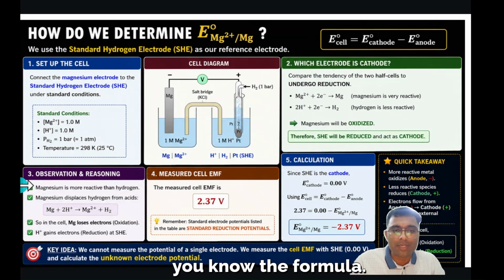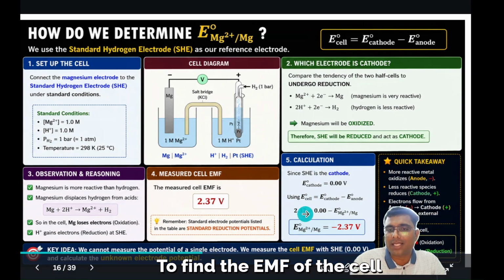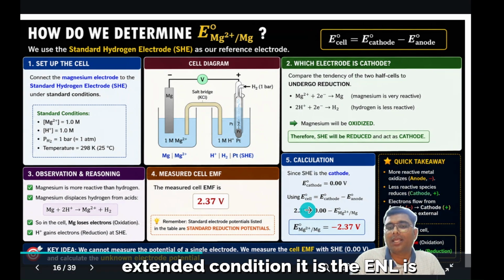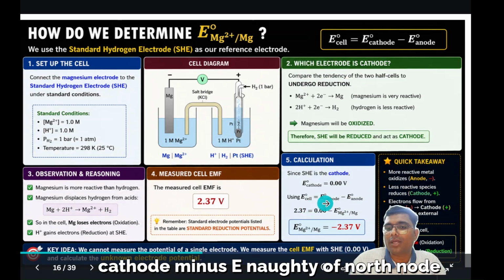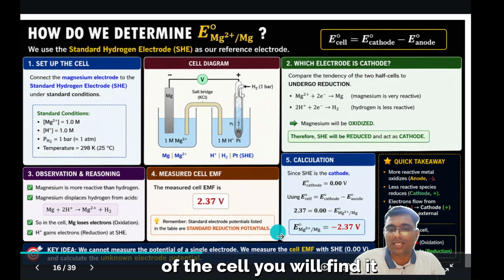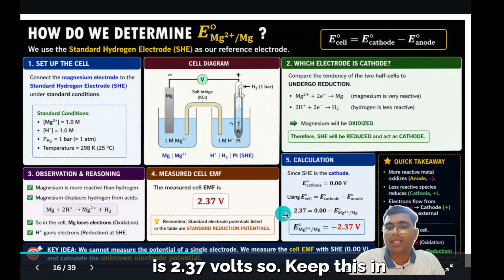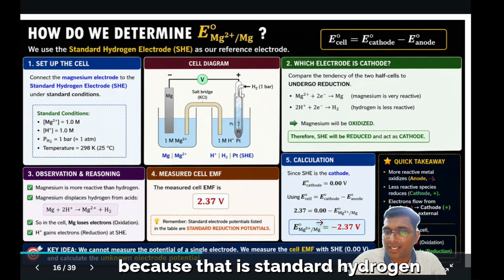You know the formula to find the EMF of the cell at standard condition: E naught cell is equal to E naught of cathode minus E naught of anode. When you measure the voltage of the cell, you will find it is 2.37 volt. Put this in the formula. E naught of cathode is 0 because that is the standard hydrogen electrode.